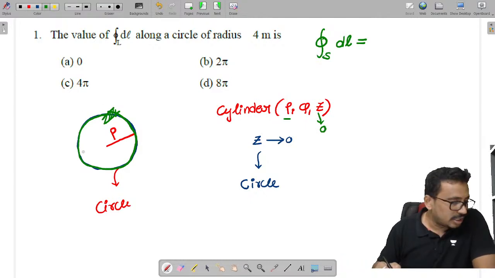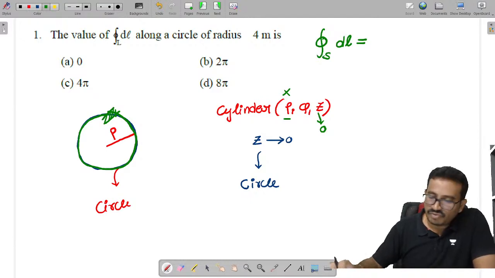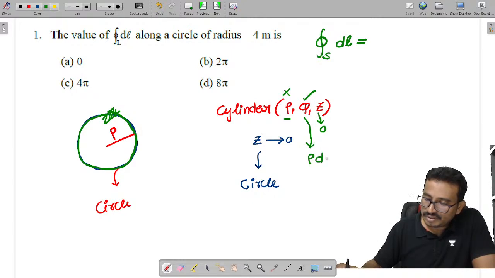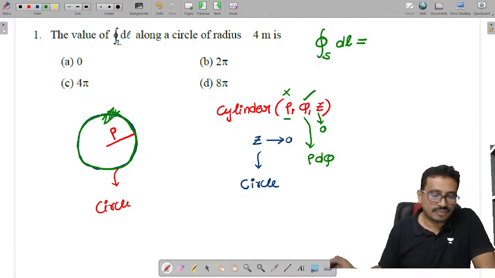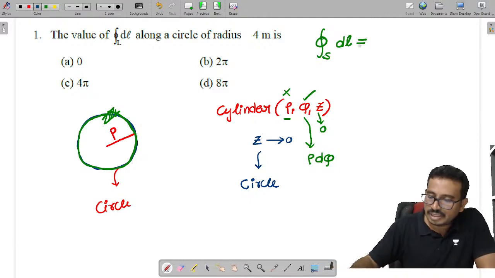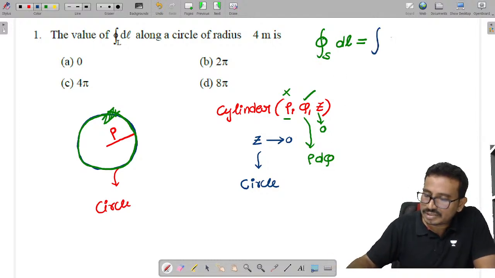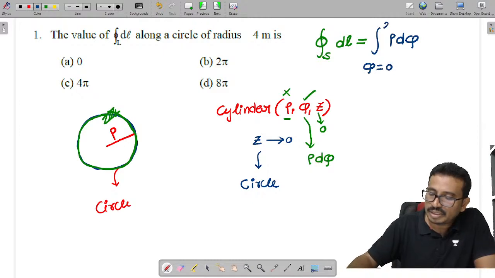On the cylinder, the rho value is constant, it does not change. But the phi value is variable. The change in length along the phi direction is rho d phi. So dl, the only variable is rho d phi, so this is the integration of rho d phi, with phi limits 0 to 2 pi, a complete circle.